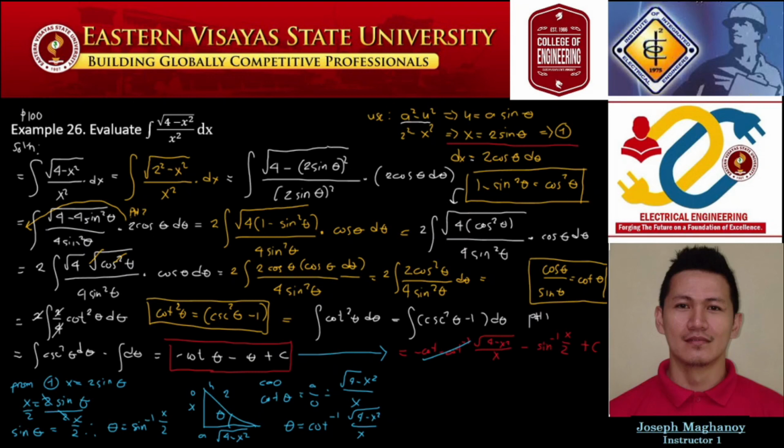So the remaining negative, so we have negative square root of 4 minus x squared all over 2x, minus arc sine or sine negative 1 of x over 2 plus c. So that is your final answer.